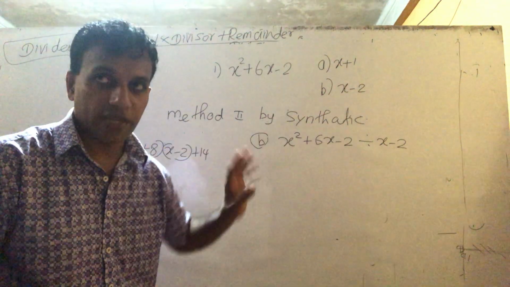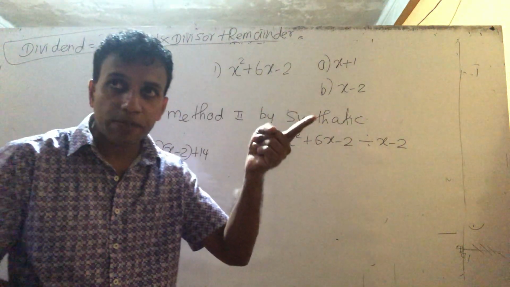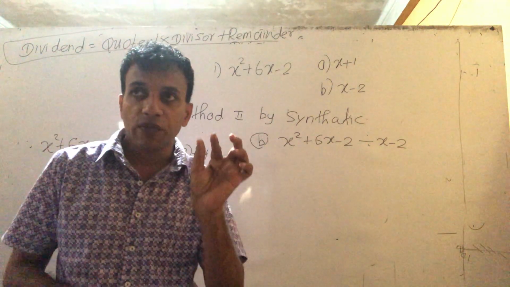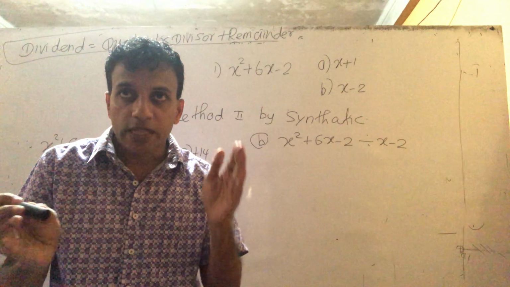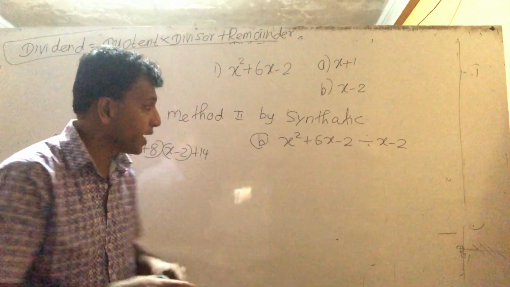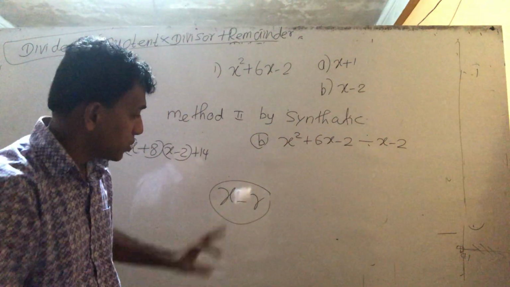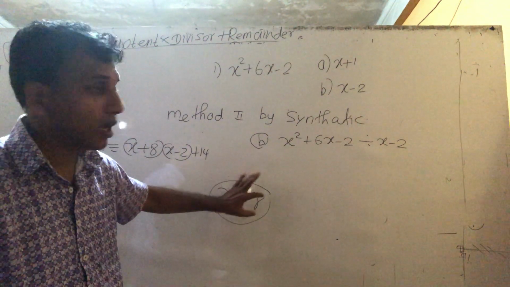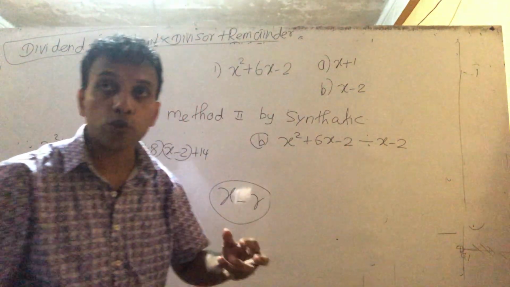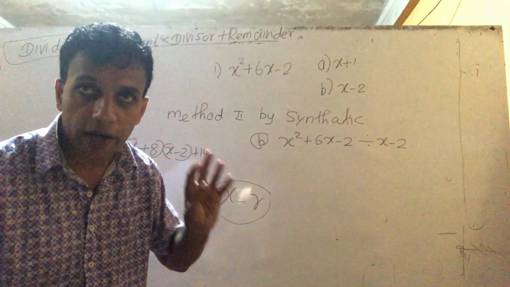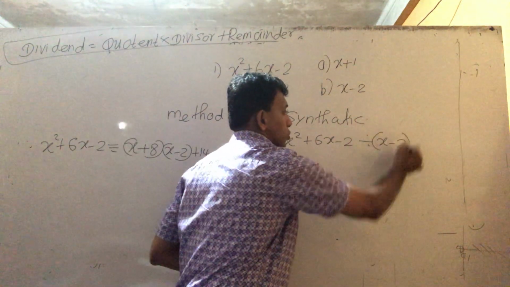I take the b part first because, as I said, see my note on synthetic division: the divisor should be x minus r. Here it is x minus 2. Therefore, what is r? r is 2.